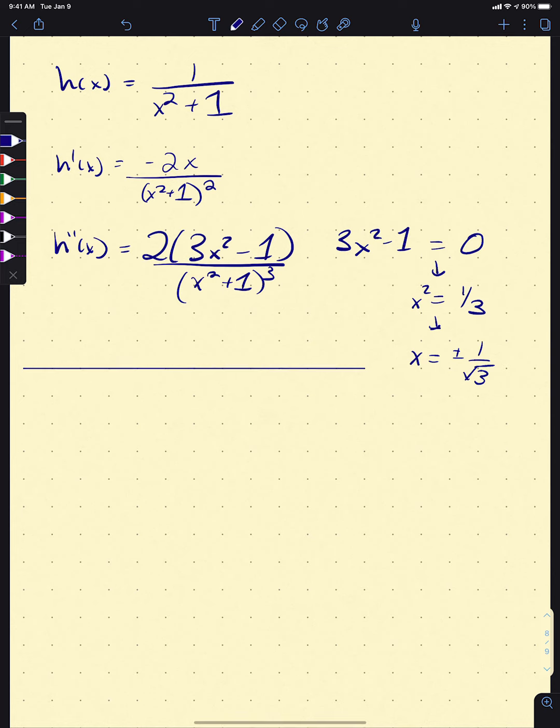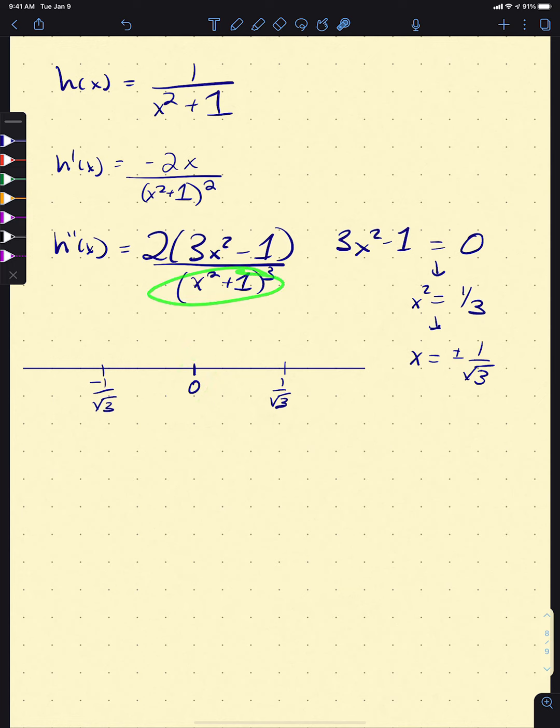Well, we'll put 0 there. We'll put 1 over the square root of 3, and we'll put negative 1 over the square root of 3. Sorry, the square root of 3 for both of those. And let's start to think about this. Well, at 0, what's going on?